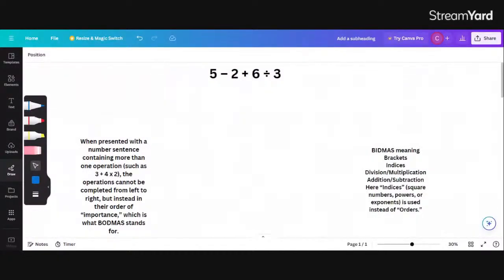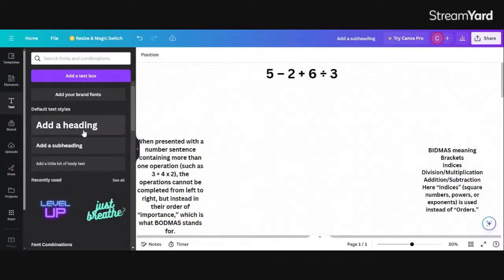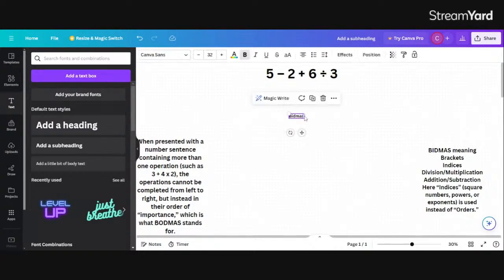We have three acronyms. They all mean the same thing. We have BIDMAS. We equally have BODMAS.